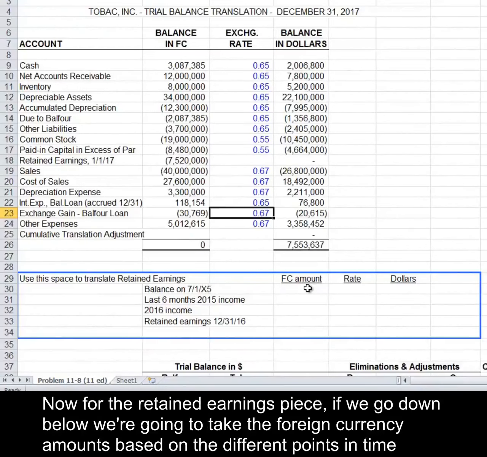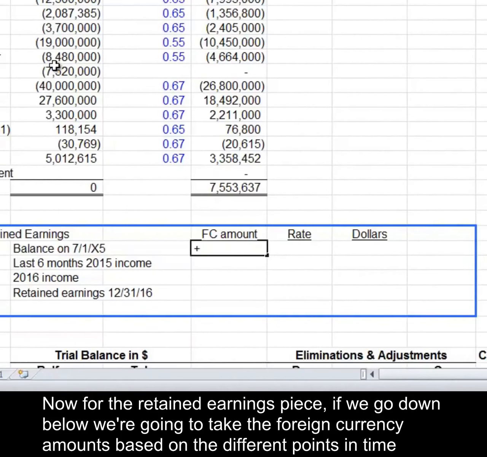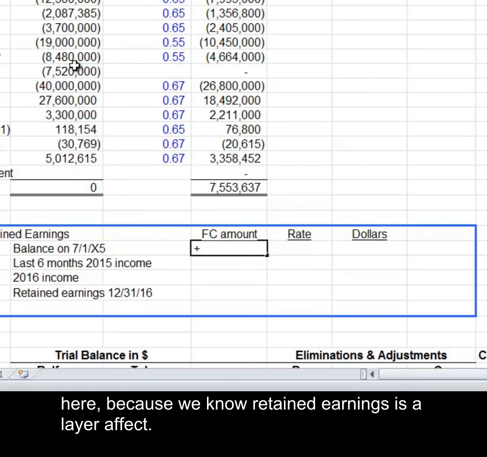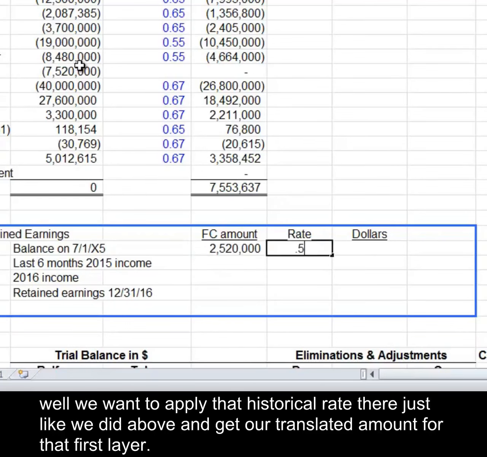Now for the retained earnings piece, if we go down below, we're going to take the foreign currency amounts based on the different points in time, because we know retained earnings is a layered effect. So our balance when we acquired it was $2,520,000 in foreign currency. Well, we want to apply that historical rate there, just like we did above, and get our translated amount for that first layer.